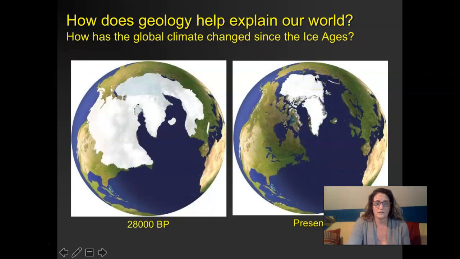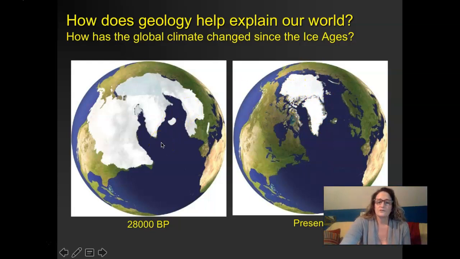Ice on the earth, here's 28 BP, before present. So 28,000 years before present, and here is present. Let's look at today. Today we have ice on Greenland. There's a large Greenland ice sheet, and then ice in the Arctic Ocean.